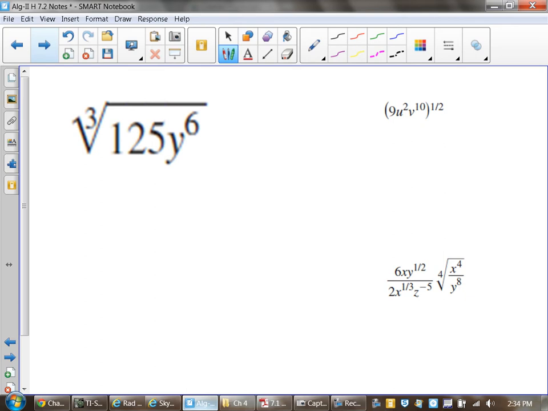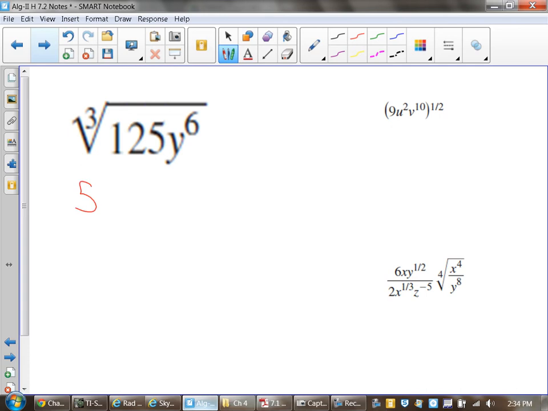I've got the cube root of 125 y to the 6th. When we're dealing with nth root stuff, remember, I'm basically taking the cube root of every single term underneath the radical here. What's the cube root of 125? 5. Now here's where things get interesting.